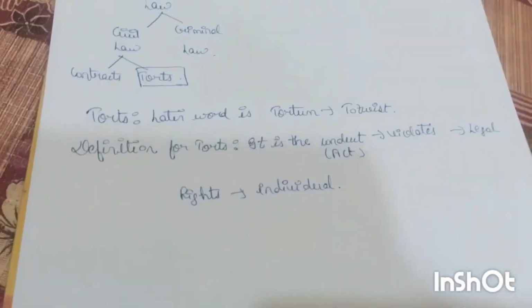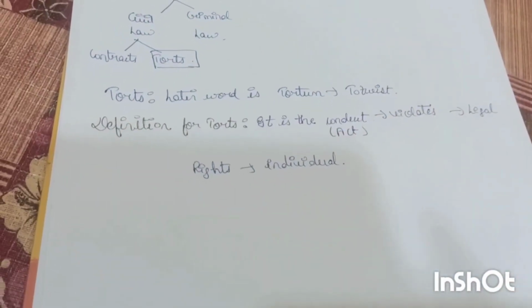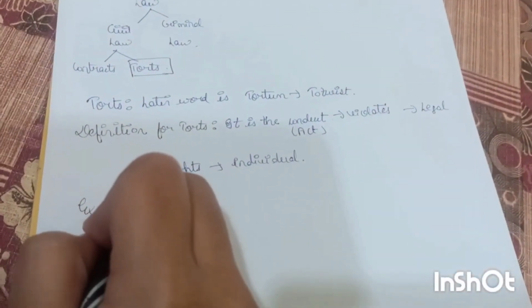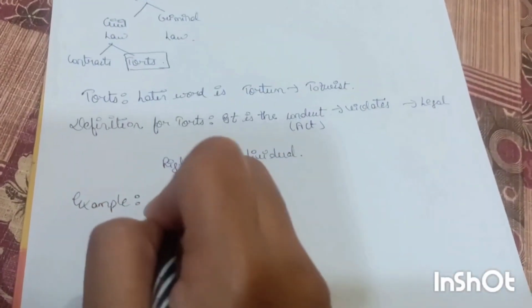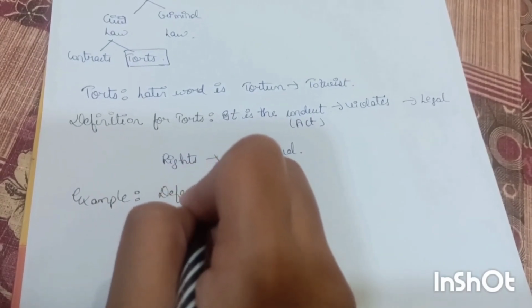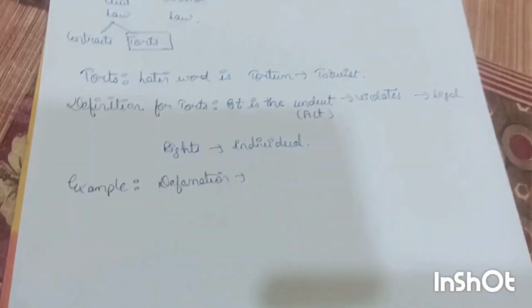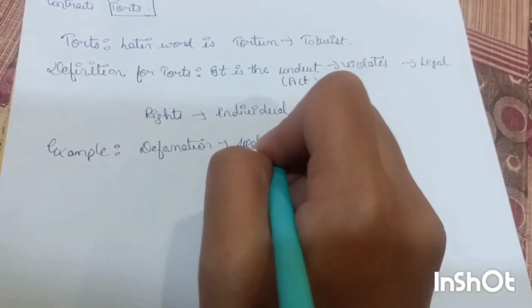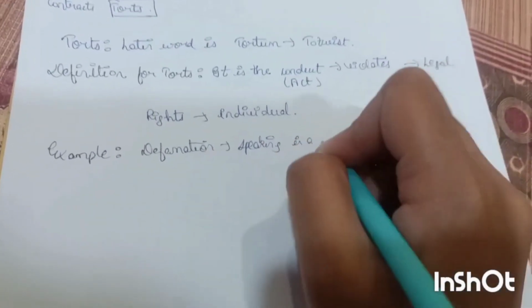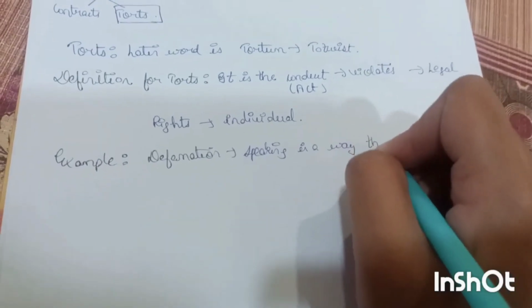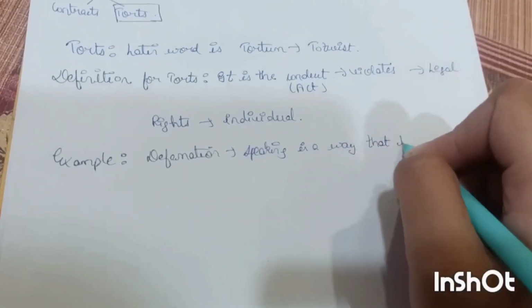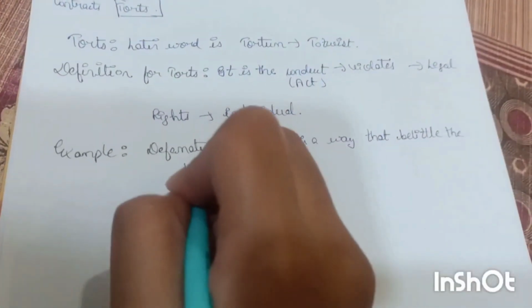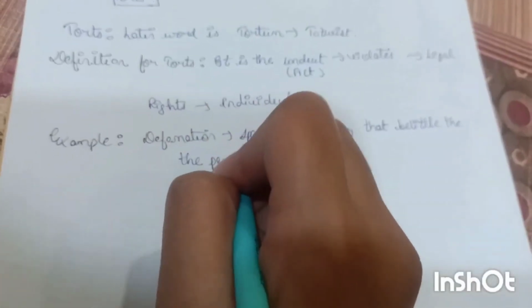Let me explain this through an example. The example is defamation. Defamation means speaking in a way that belittles the other person.